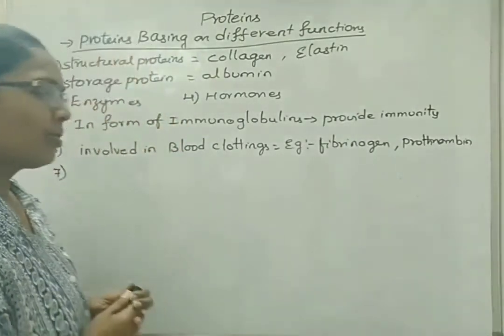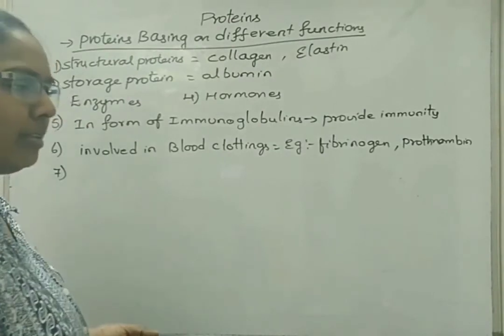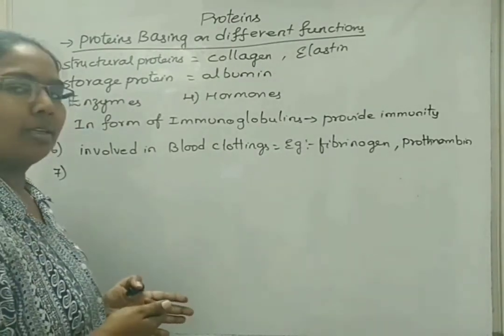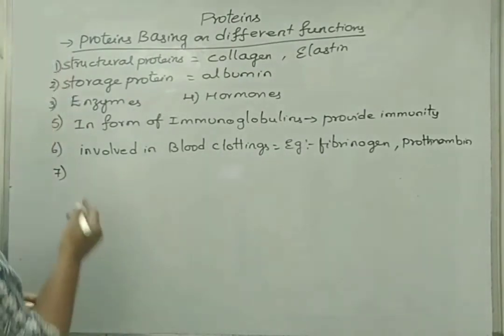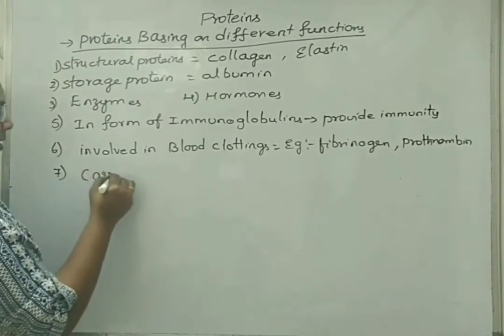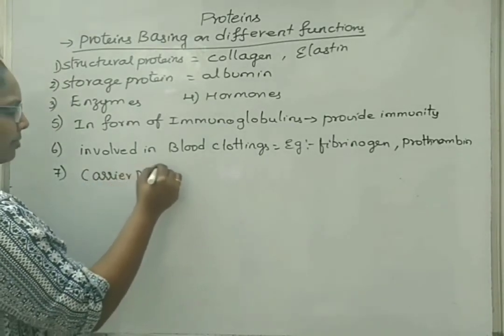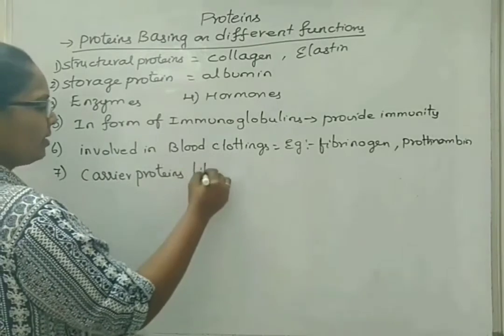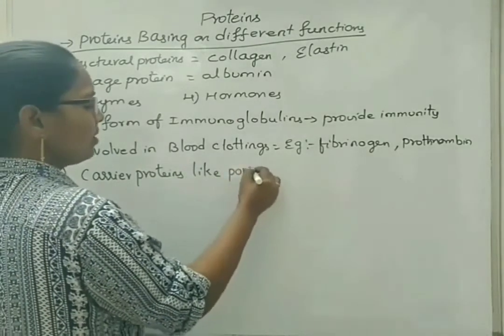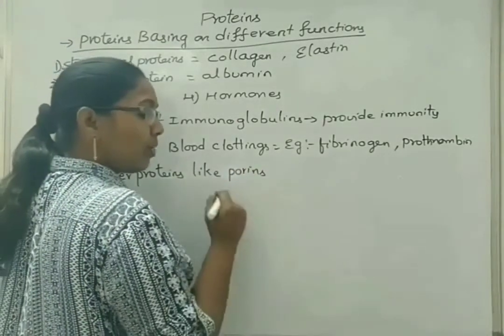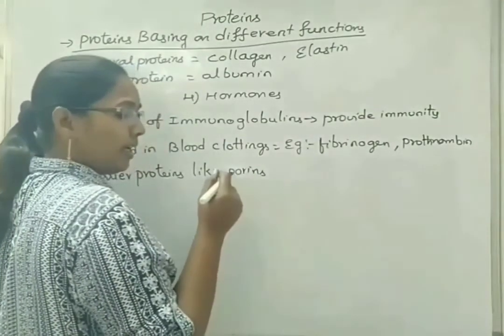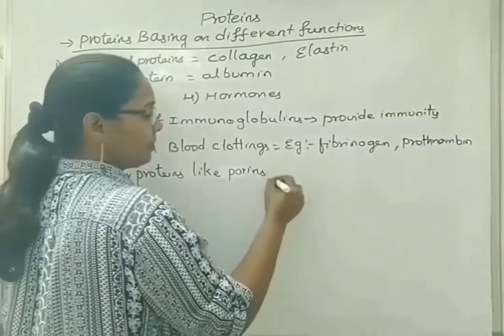Some types of proteins also use energy and they transfer the solutes or the substances. Those are called as pumps. So here we can take carrier proteins like porins. Porins are considered to exist in the outermost layer of mitochondria and the outermost layer of plastid.